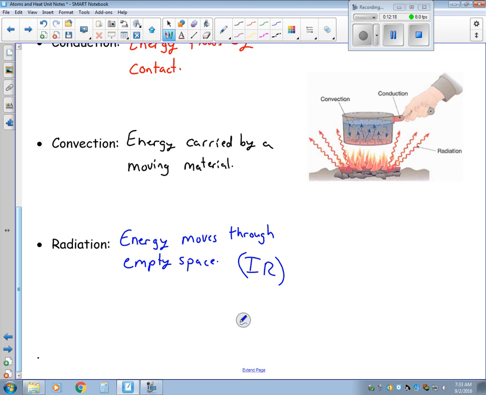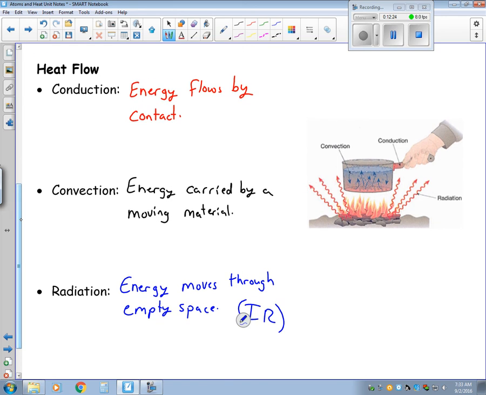We'll talk about infrared in greater detail later. Of these 3 ways for heat to flow, that arrow points in towards the least efficient means. So the most efficient way to get heat to flow is through conduction. The least efficient way to get heat to flow is through radiation. And that concludes this entire unit.